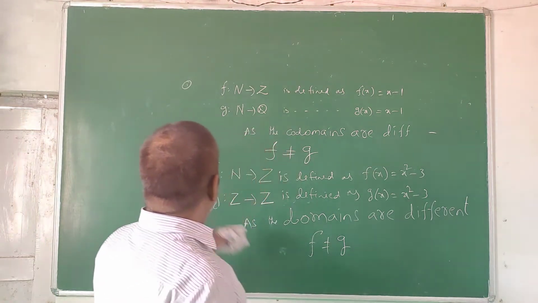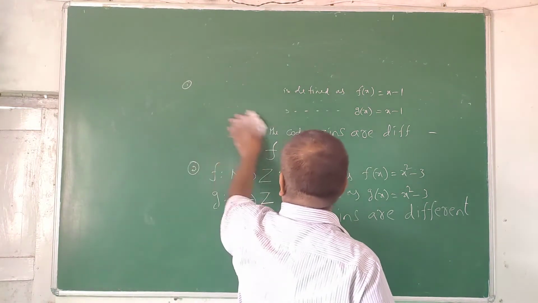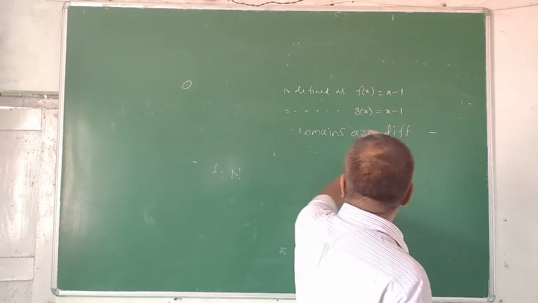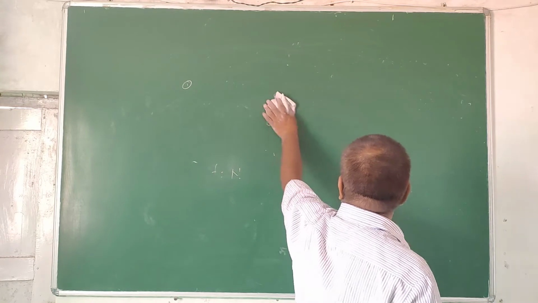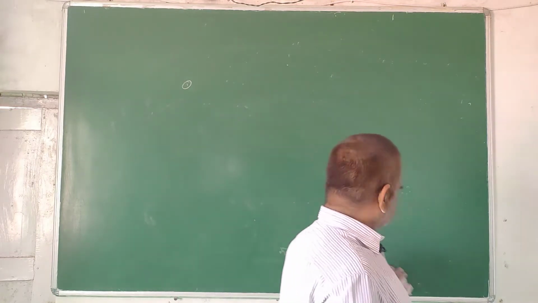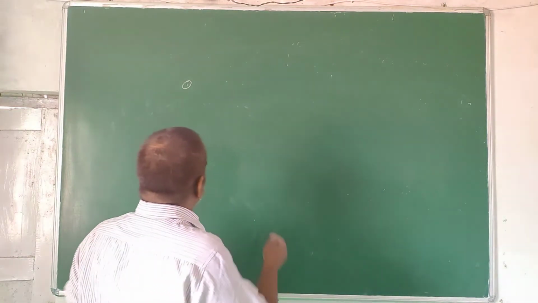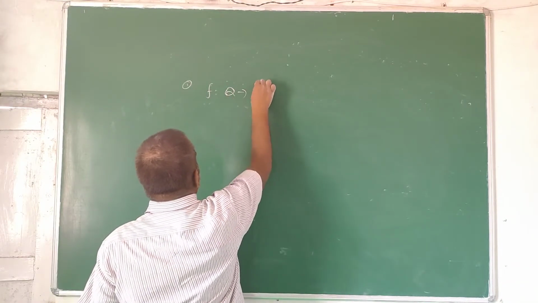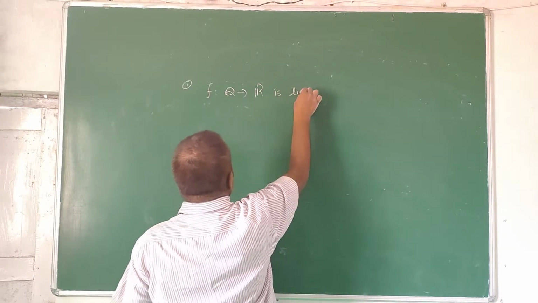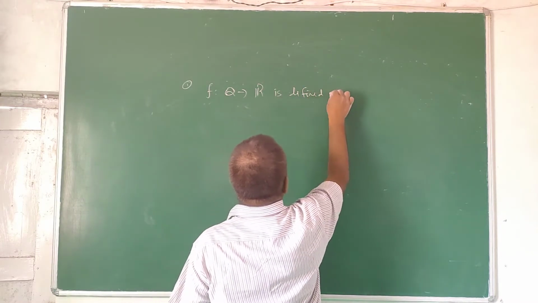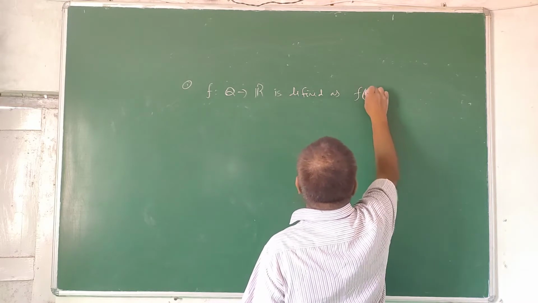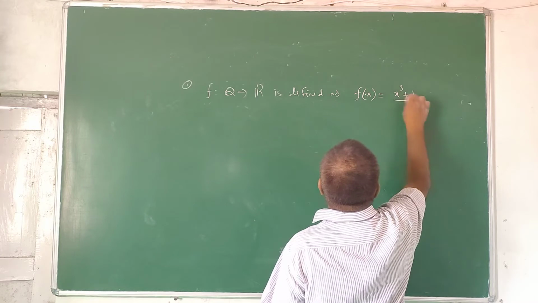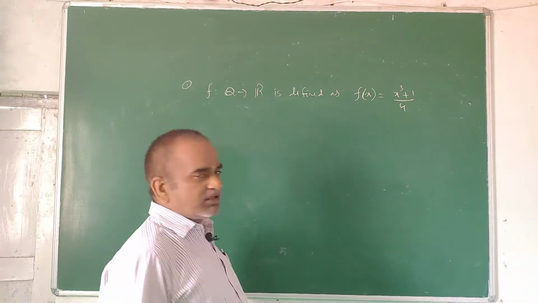Now coming to another example, the third example. f from Q to R is defined as f of x is equal to x cube plus 1 by 4, right?